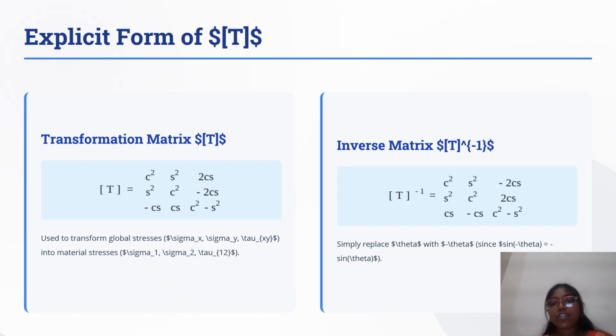Inverse matrix T inverse equals: c square, s square, minus 2cs; s square, c square, 2cs; cs, minus cs, c square minus s square. Simply replace theta with minus theta, since sin of minus theta is minus sin theta.